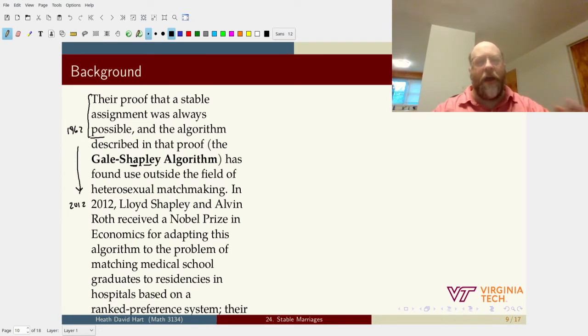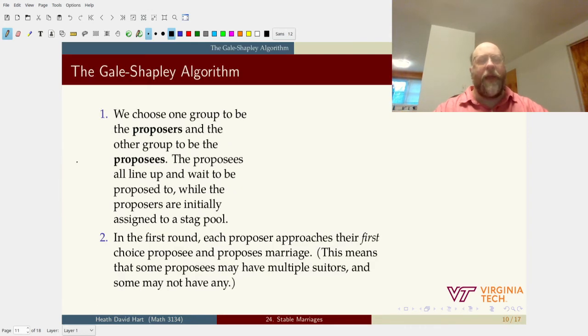The 1-to-1, same number of people cases. And then later on, we're going to look at how we have to adapt this for the improved 2012 version of this algorithm. So we're looking at the quaint Gale-Shapley version.